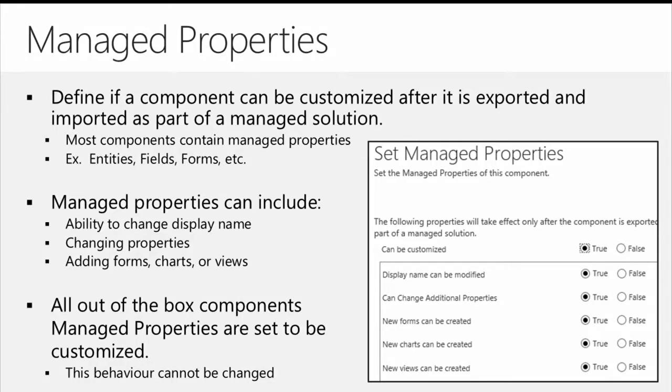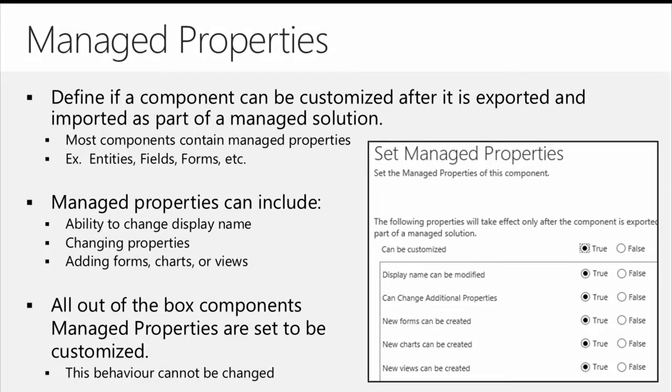Can they go in and change additional properties? Can they turn on document management? Can they turn off document management? Can I create new forms? Can I create different views? Can I create different charts? These are all things that, if you are going to include this and you want to lock it down a little bit, give you a lot of functionality to really safeguard your investment.